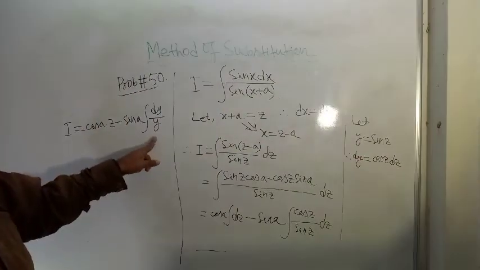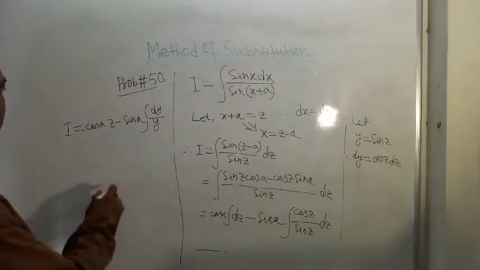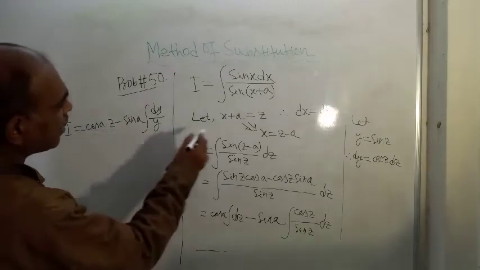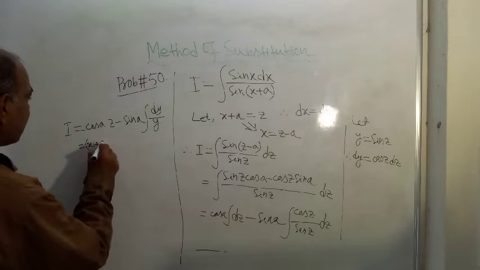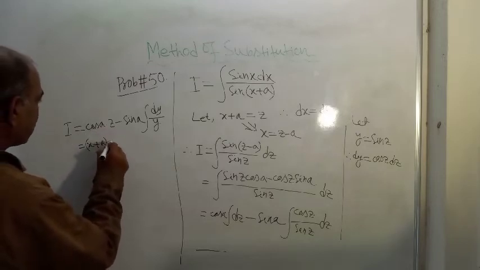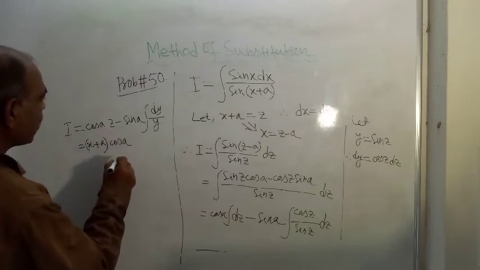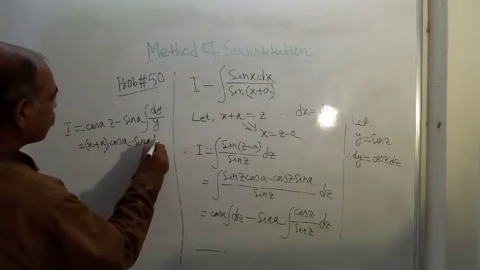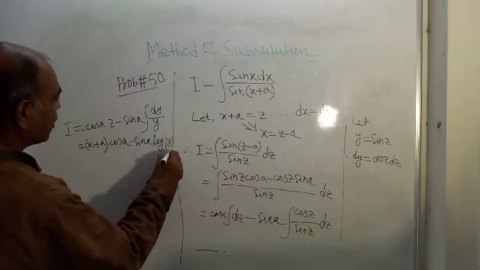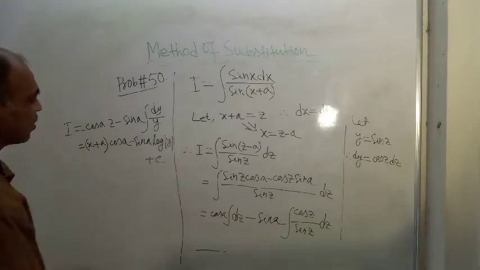So we have the integral of dy by y, and z is x plus a, so you write z into cos a, and here sin a into log of mod y plus a constant of integration c.